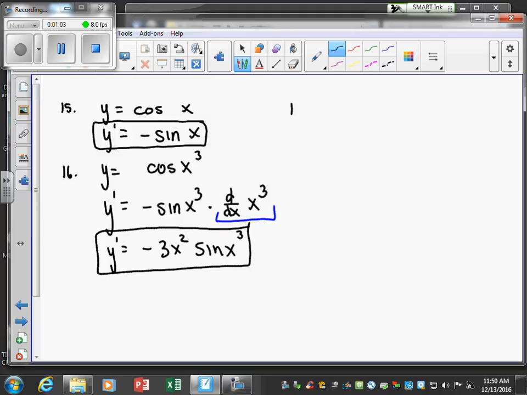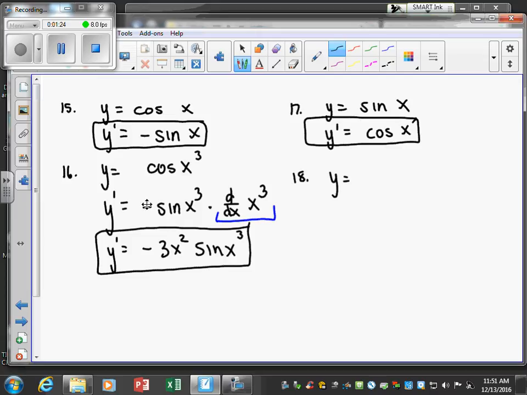Okay, similarly over here, let me remind you of our definition of y equals sine of x. What's the derivative of sine of x? Just cosine of x. Good. So we recall this, and now let's extend it a bit to what if my function this time is sine of 10x.